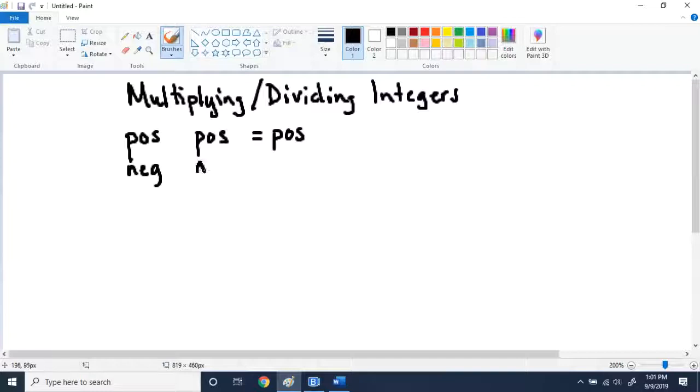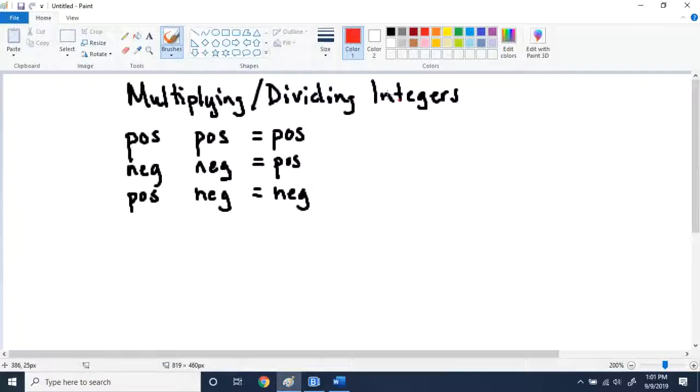If both signs are negative, your answer is still going to be positive. Then if the signs are different and you have a positive and a negative, your answer will be negative. So I'm going to leave these rules here and let's take a look at some examples.